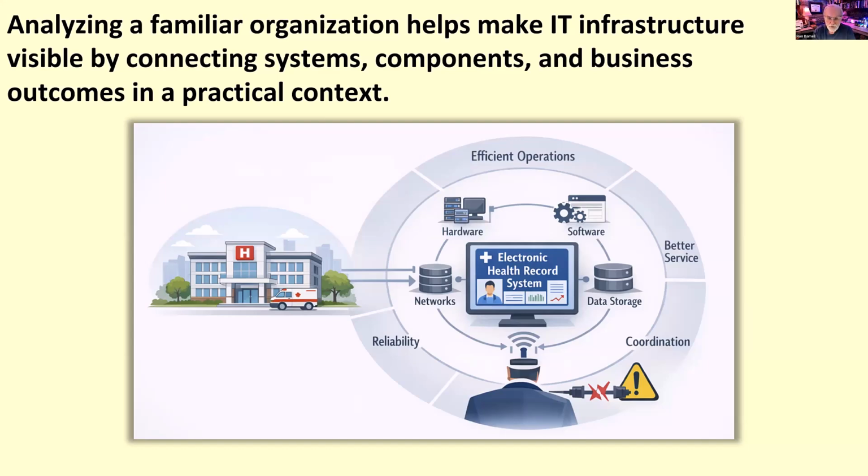We need to consider the hardware that's involved, the software platform being used, the networks that connect the users, and the location and data storage that supports access and continuity. Then we need to connect those infrastructure elements to business outcomes. How does that system support speed, service, communication, coordination, decision-making, or customer experience?